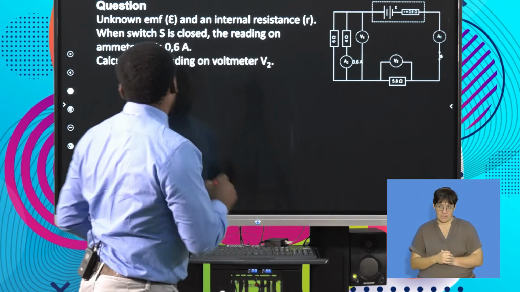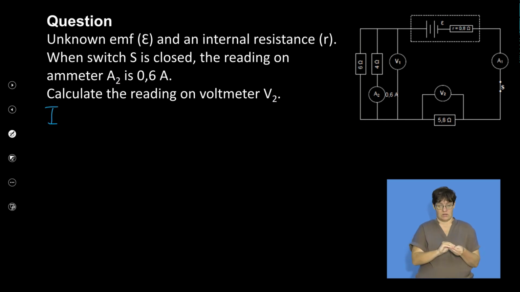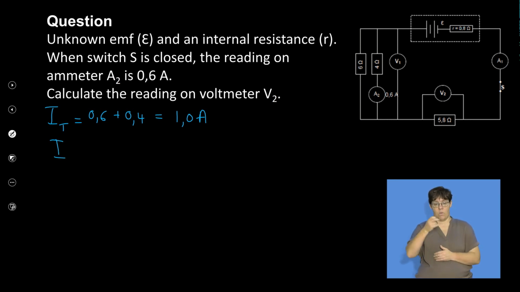Now, the total current in the circuit is equal to 0,6 plus 0,4. This gives us 1,0 amperes, right? So that's the current through the 5.8 ohm resistor, equal to 1,0 amperes.